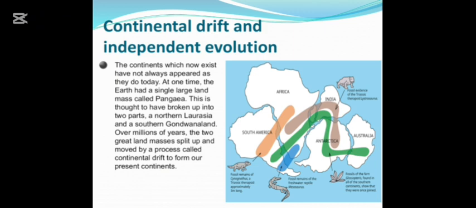So the continents which now exist have not always appeared as they do today. At one time, the Earth had a single large land mass called Pangaea. This was thought to have broken up into two parts, a northern Laurasia and a southern Gondwana. Now, over millions of years, the two great land masses split up and moved by the process called continental drift to form our present continents.